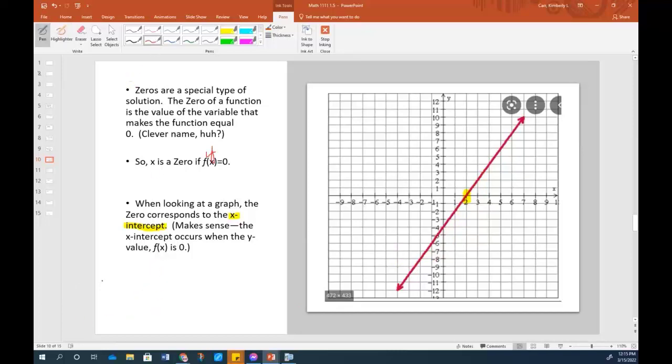So in this particular case, since f of 2, which is that y value at 2, is 0, 2 is a zero for f of x. It's just a little bit of different terminology, but you've just got to get the x-axis, okay? So 2 is a zero.